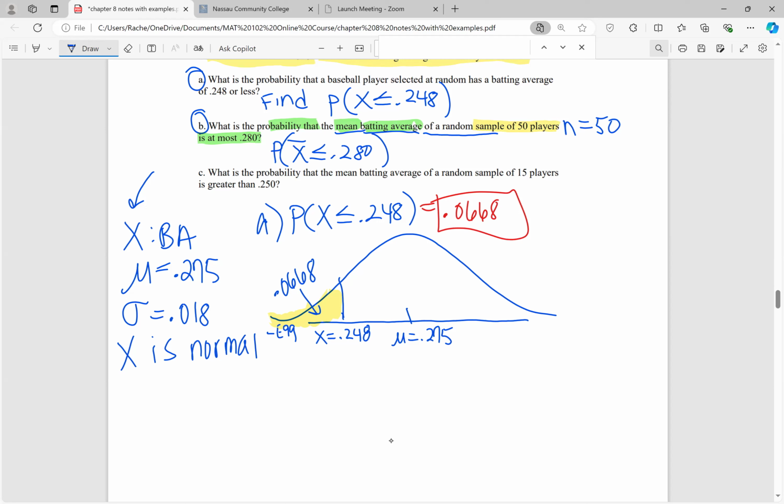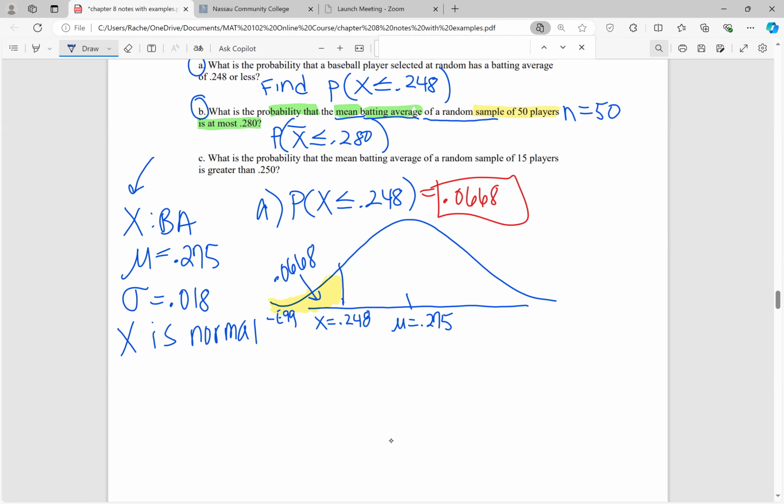But you see a huge difference from part A and what we did in chapter 7. It's the random variable, right? In chapter 7, X was my random variable. Now in part B, X bar is my random variable, right? I'm asking, what's the probability? So let's do part B over here. What's the probability that X bar is less than or equal to, or at most, 0.280?